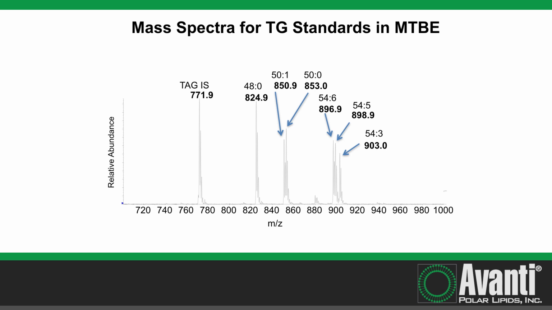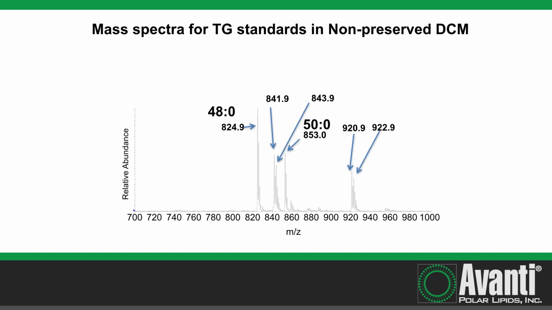This is what the mass spectrum of the standard looks like, blown out here. You can see they all have very nice peaks, resolution, and the double bonds between those two standards are quite well indicated. And this is the non-preserved, the non-preserved dichloromethane.